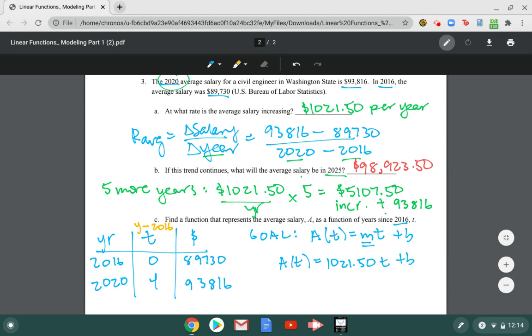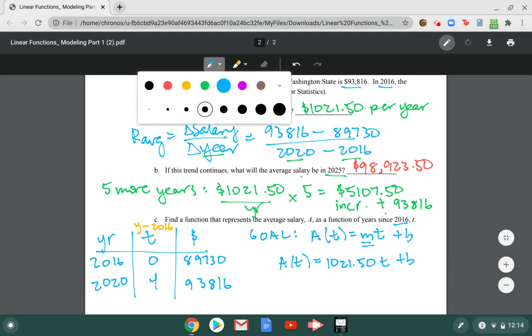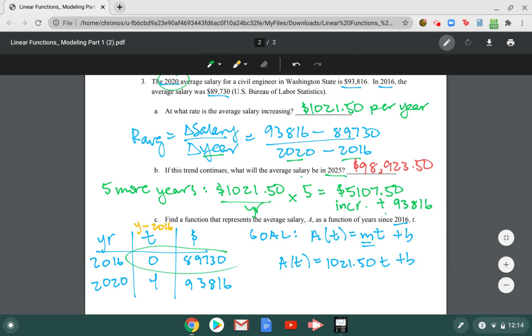I just need to find b. Well, I've got myself an initial value. b is my y-intercept. Whenever I have 0 in for x, in this case t, this is my y-intercept, which means that this value right here is b. So I don't really have any more work to do.